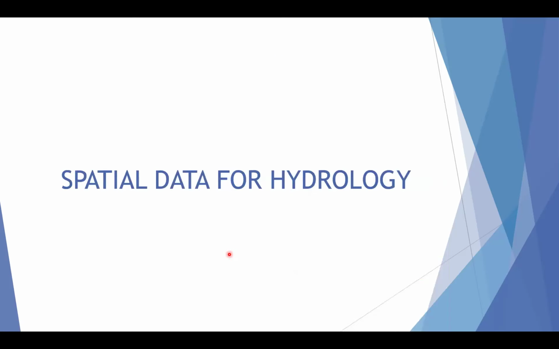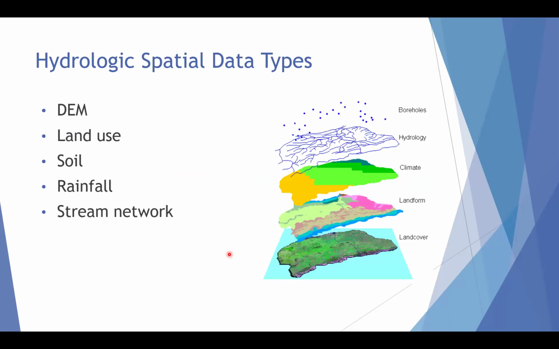Okay, now let us discuss some of the spatial data sets that are used for hydrology. I am listing only a few; there are several things that can be used. You may use DEM.